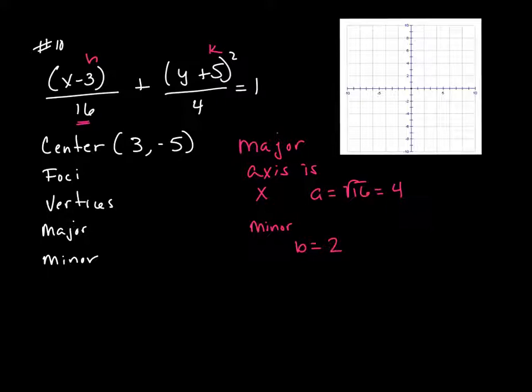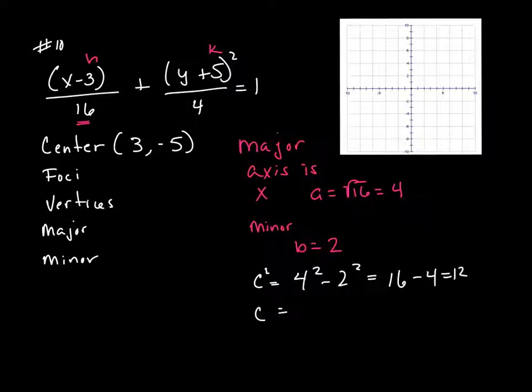So I have a, b, and now we need to find c. The way we find c in an ellipse, c squared is equal to the larger of the two axes squared minus the smaller. So that is going to be 4 squared minus 2 squared, or 16 minus 4, or 12.